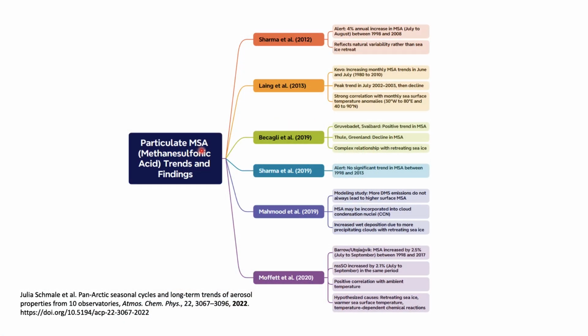So that means some people propose different types of mechanisms and hypotheses for the relationship between particulate methane sulfonic acid and the climate change. This clearly tells that more understanding is required to learn the effect of methane sulfonic acid on the climate change.